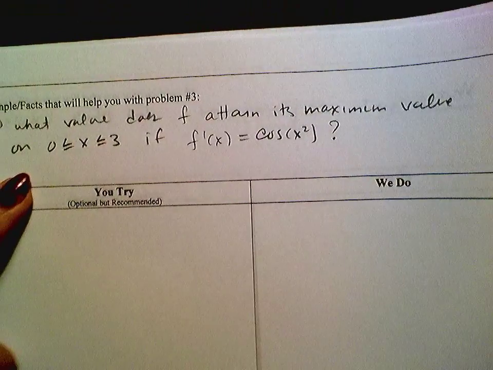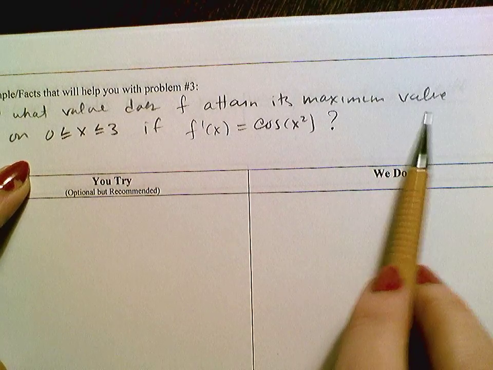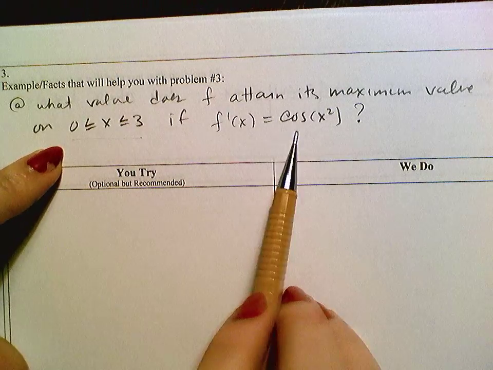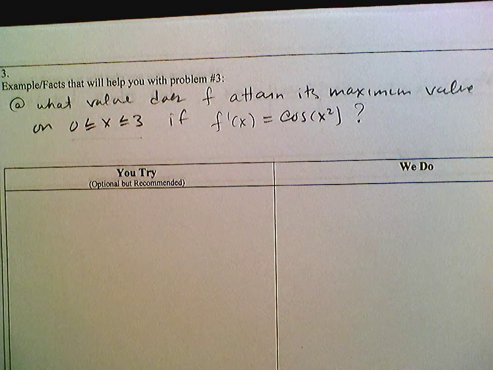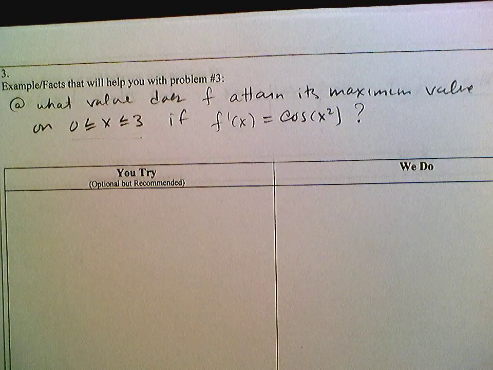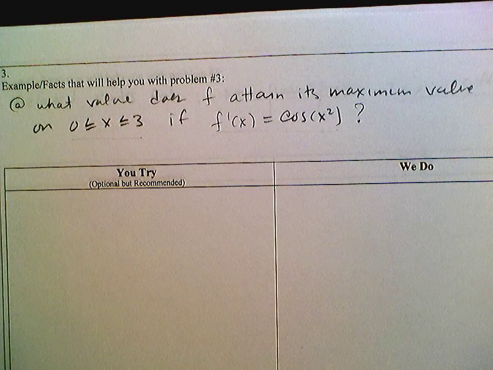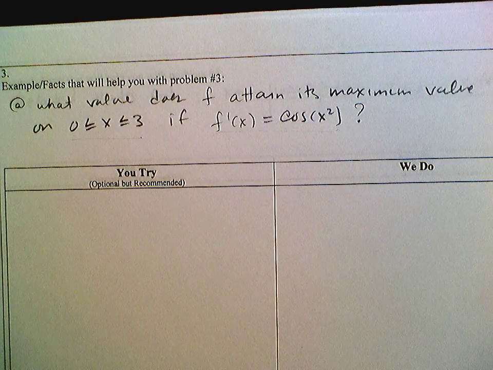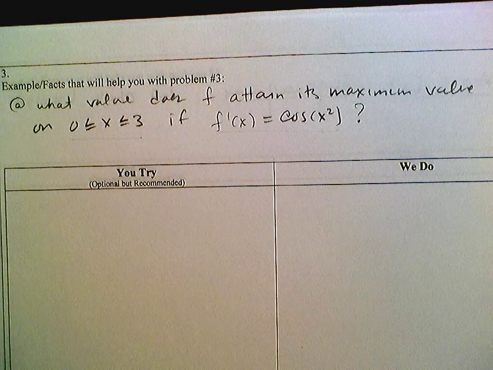Now this one. At what value does f attain its maximum value on this closed interval if f prime of x equals cosine of x squared? So you ask yourself, limit, derivative, or antiderivative. We don't need to take any of those, but they're giving us a derivative, and we've got to use it and our knowledge of sign tables to figure out, wait a minute.